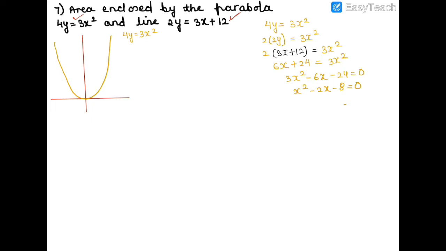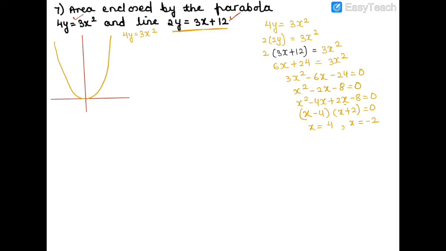So basically when I split this up, I will get two factors, and that will give me x square minus 4x plus 2x minus 8 is equal to 0. So x minus 4 and x plus 2 is equal to 0 gives me x as 4 or x as minus 2.